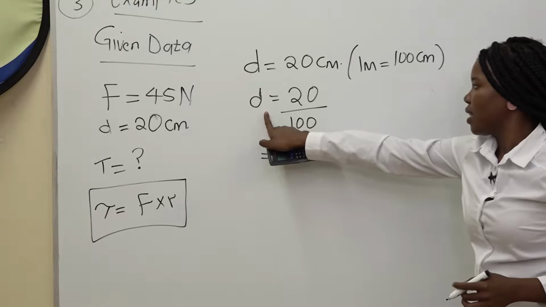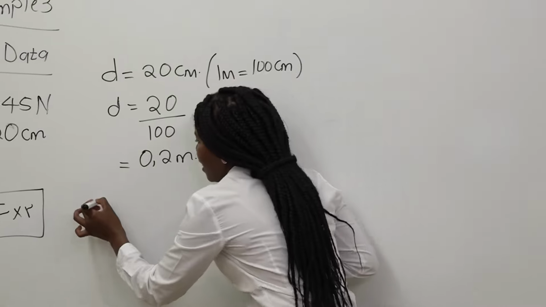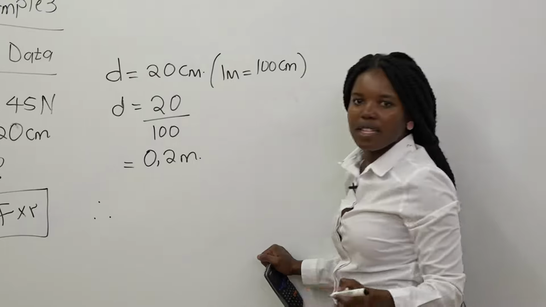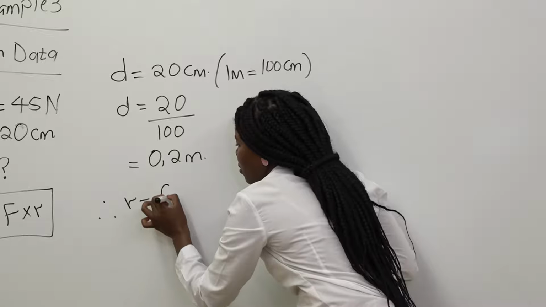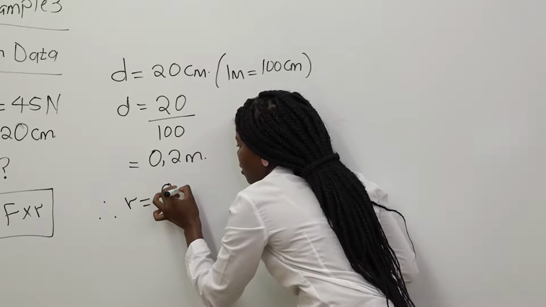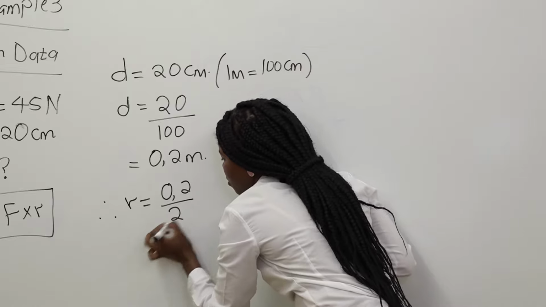So now, since we have the distance, which is 0.2, you'll say the radius, R, is equal to 0.2 divided by 2.